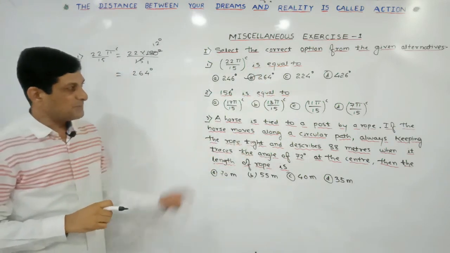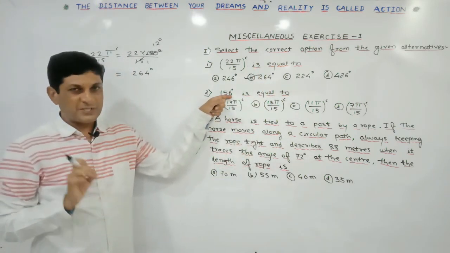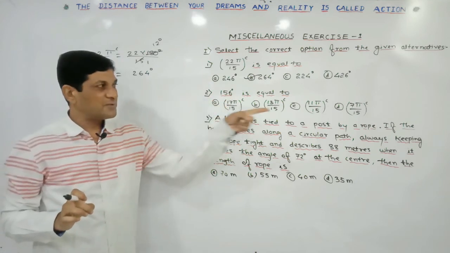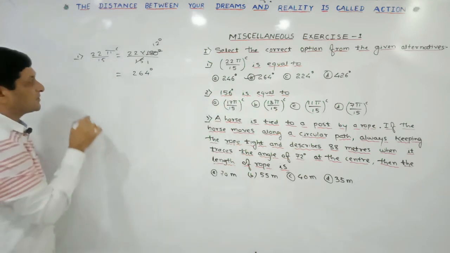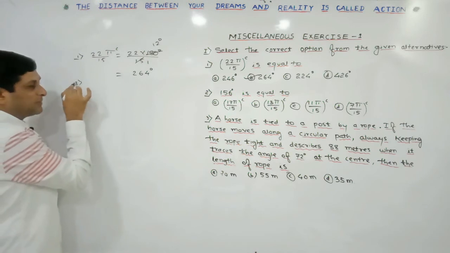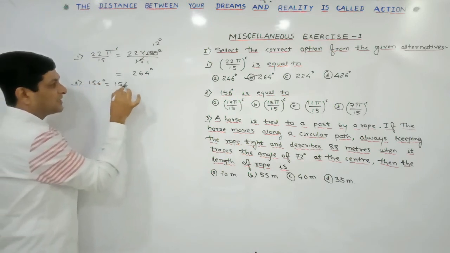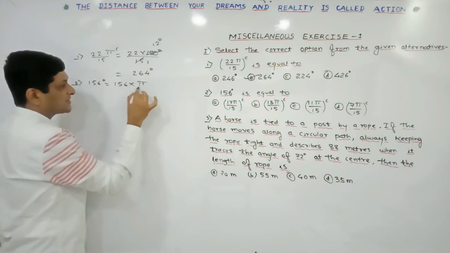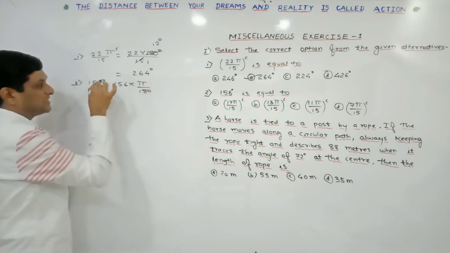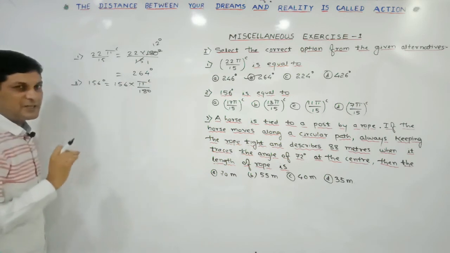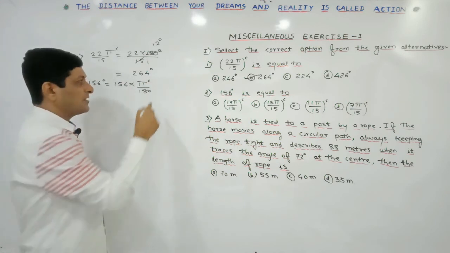In the second example, a degree measure is given to us, which means the angle is in degrees and we have to convert it into radian. So let us try to solve this second example. 156 degrees. We know that whenever we are converting degree measure into radian measure, we simply multiply by pi by 180. So this degree will get converted into radian. The remaining part is the calculation part.